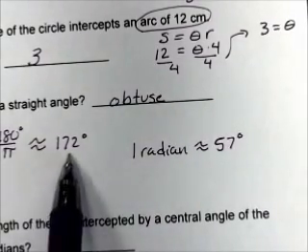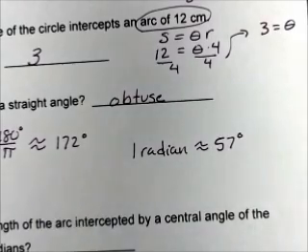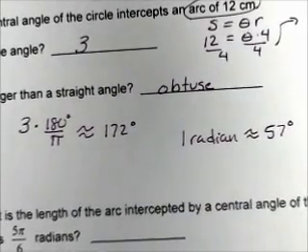We just took the 172 and divided by 3 because 3 radians is approximately 172 degrees. So 1 radian is approximately 57 degrees.